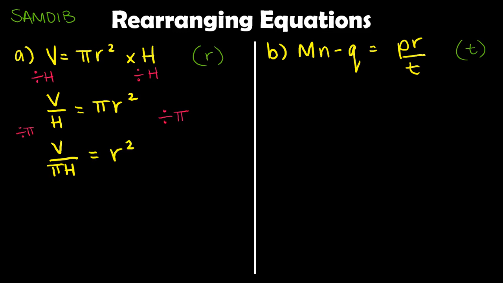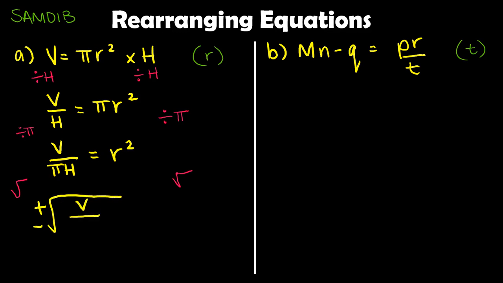Finally, the opposite or the inverse of squaring something is to take the square root. So I'm going to take the square root of both sides. Now remember, and this is a common mistake that people make, it's actually plus or minus the square root.